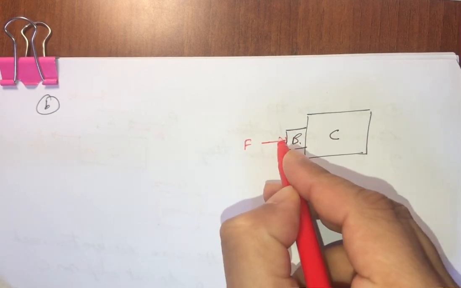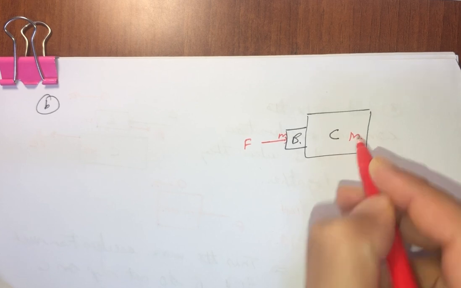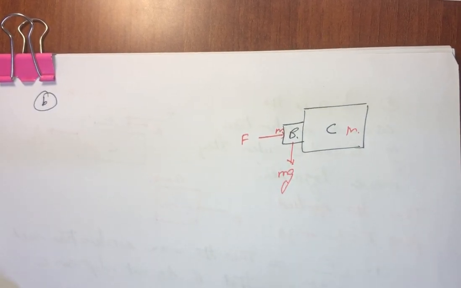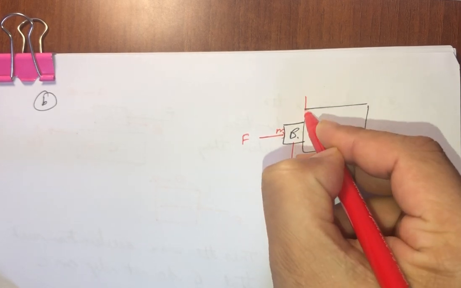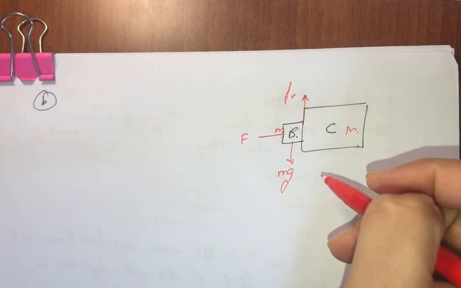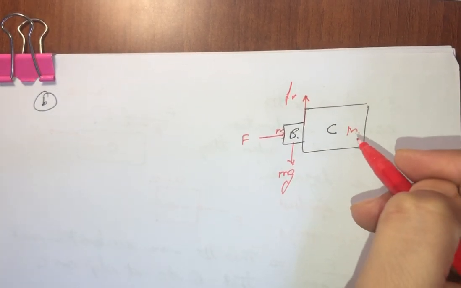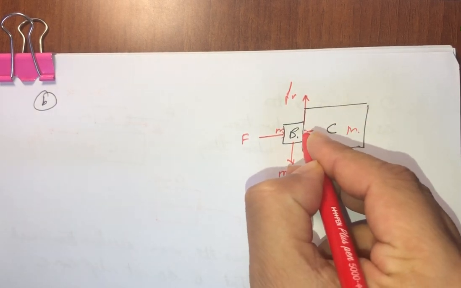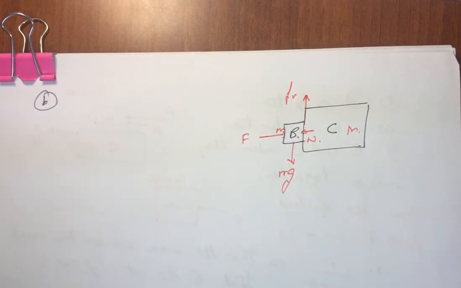Its mass is given as small m and the other mass is capital M. So we are going to have mg in the downward direction, and there will be a frictional force Fr in the upward direction if it is sliding in the downward side. And we are going to have a normal N.